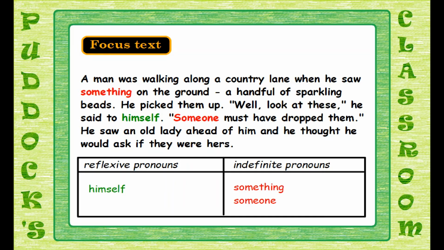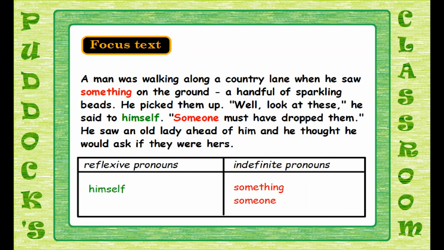So we've got something. I'll read this from the beginning because you can then see that we don't know at that point who it is or what it is. A man was walking along a country lane when he saw something on the ground. It hasn't told us yet what that something is. And because it hasn't told us yet, it's an indefinite pronoun.